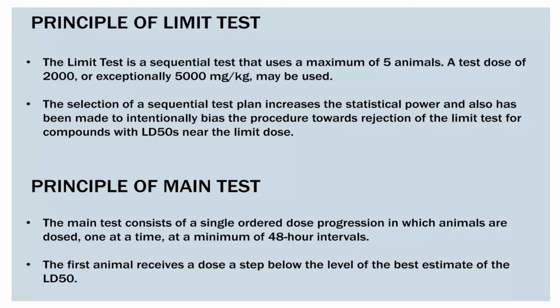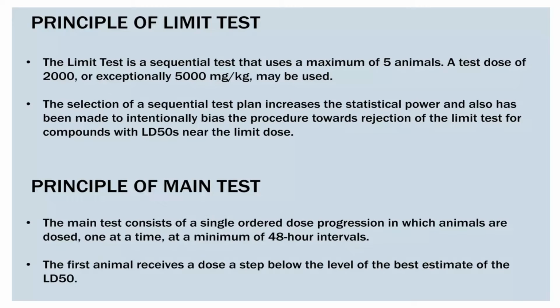Principle of limit test: 2000 and 5000 mg per kg. One procedure is followed. In both cases, the general procedure is to dose one animal at the limit dose, whatever it may be, 2000 or 5000 mg per kg.